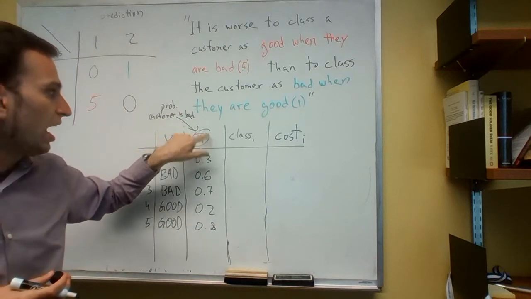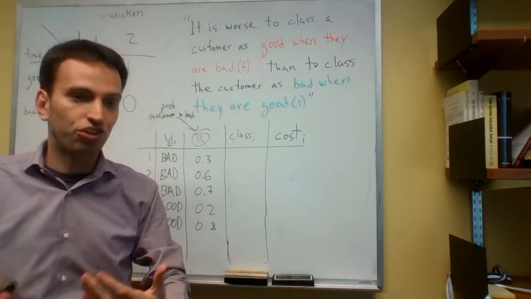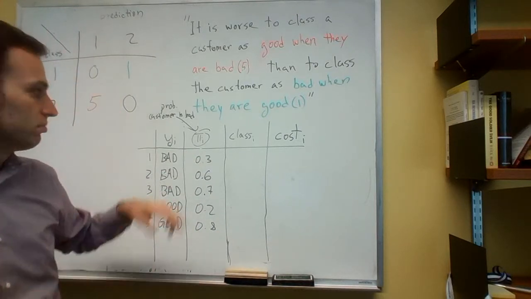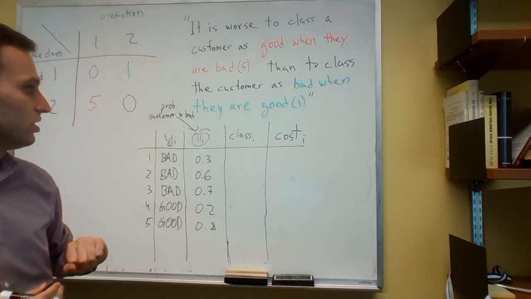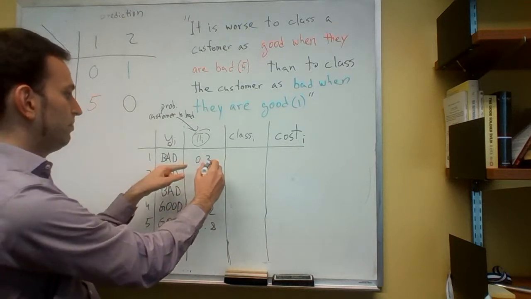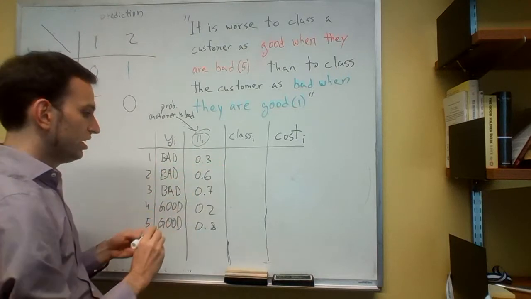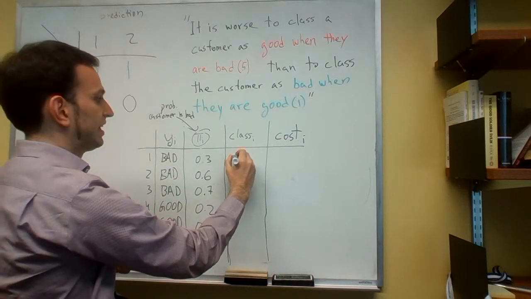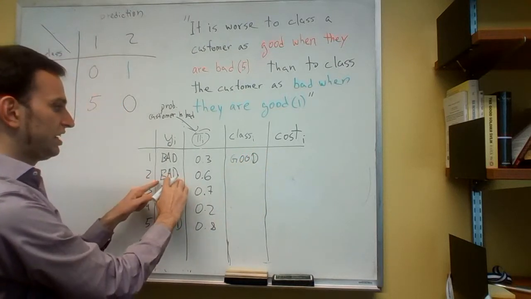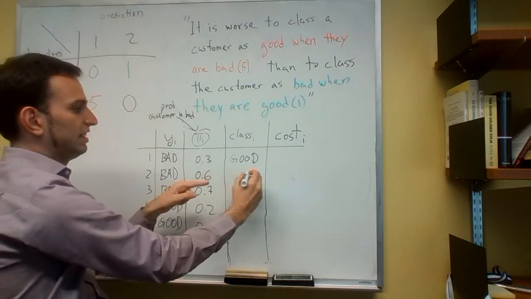To be clear, this pi i is what you get when you take the logistic function of the log odds from the model. So, okay, how do you classify it? Well, if the probability that the customer is bad is 0.3, you'll say that the class is good. Here the probability that they're bad is 0.6, which means that the class is bad.